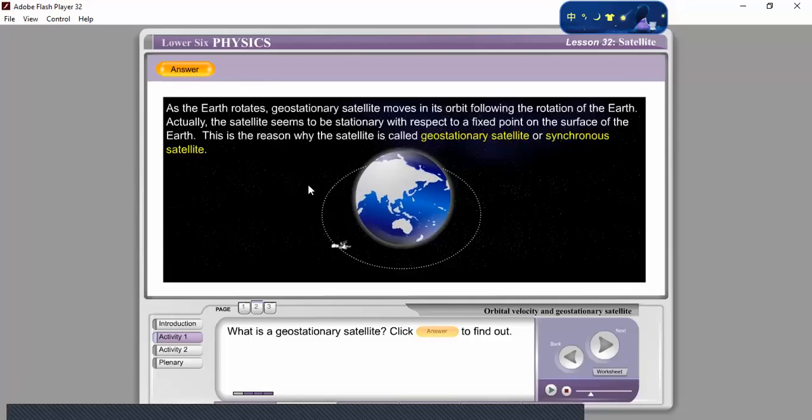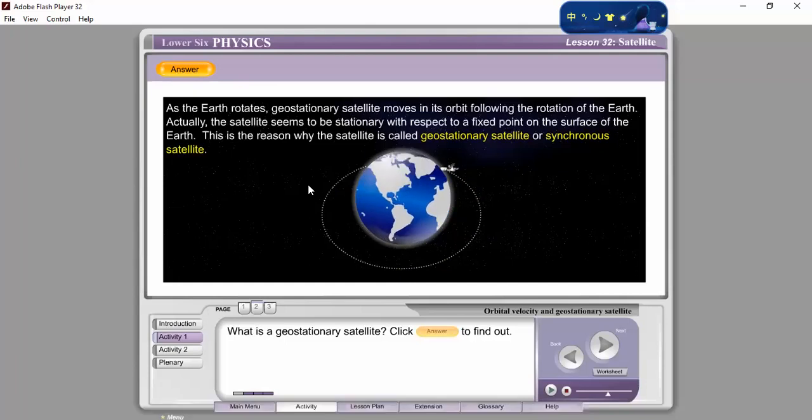As the Earth rotates, the geostationary satellite moves in its orbit following the rotation of the Earth. Actually, the satellite seems to be stationary with respect to a fixed point on the surface of the Earth. This is the reason why the satellite is called a geostationary satellite or synchronous satellite. It is mostly used for communication purposes.